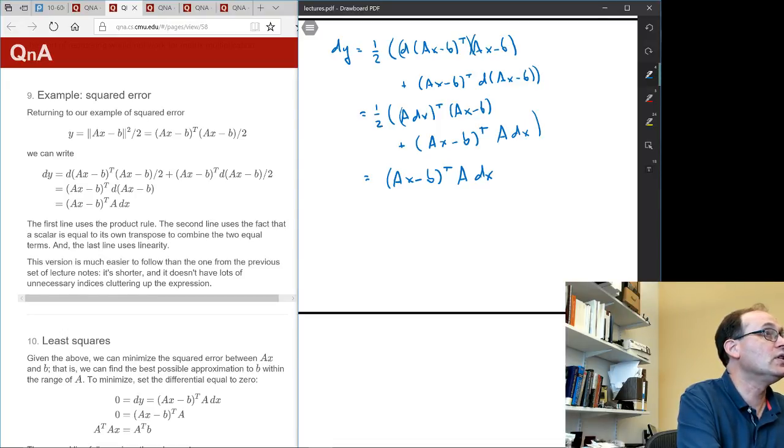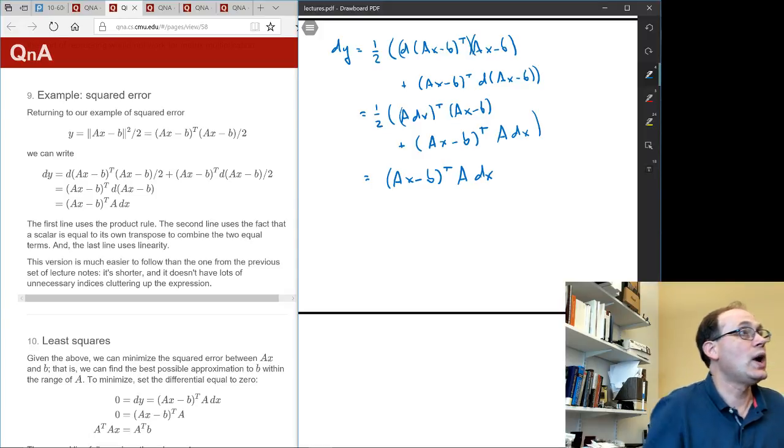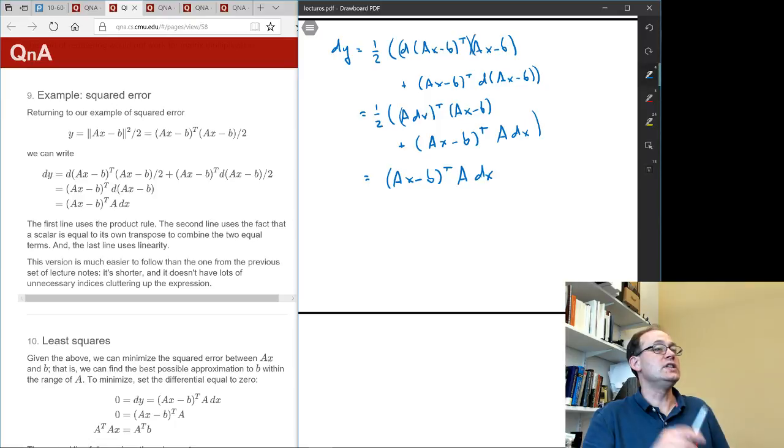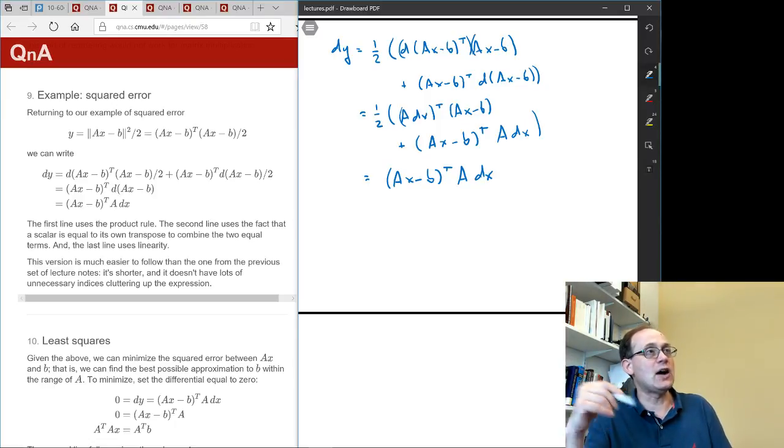Let's see, so why are the dimensions of d of g of a and g of a the same? So g of a, the dimension is the output dimension of g. And so we could call that, let's say, y equals g of a. And then the differential dy should be the same dimension as y because it represents a change in y. It represents something we can add to y.